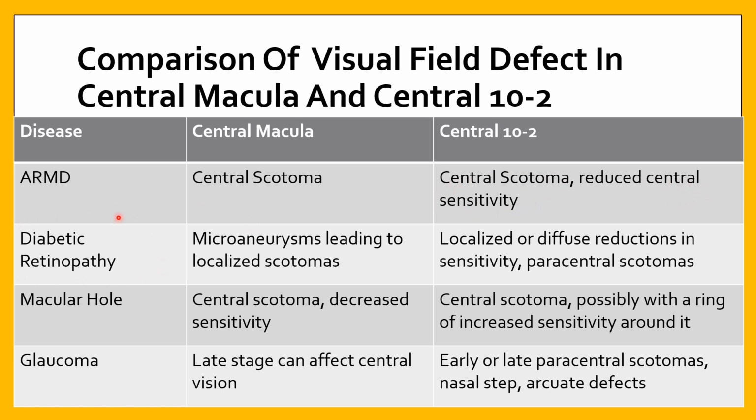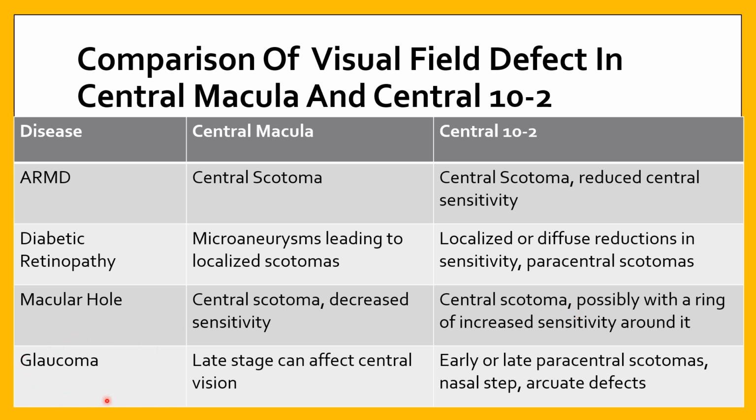In diabetic retinopathy, microaneurysms may lead to a localized scotoma in the Central Macula program, but localized or diffuse reduction in sensitivity with paracentral scotomas can be seen under the Central 10-2 program. In macular hole, a central scotoma with decreased sensitivity can be seen in Central Macula, but in Central 10-2, a central scotoma, possibly with a ring of increased sensitivity around it, can be seen.